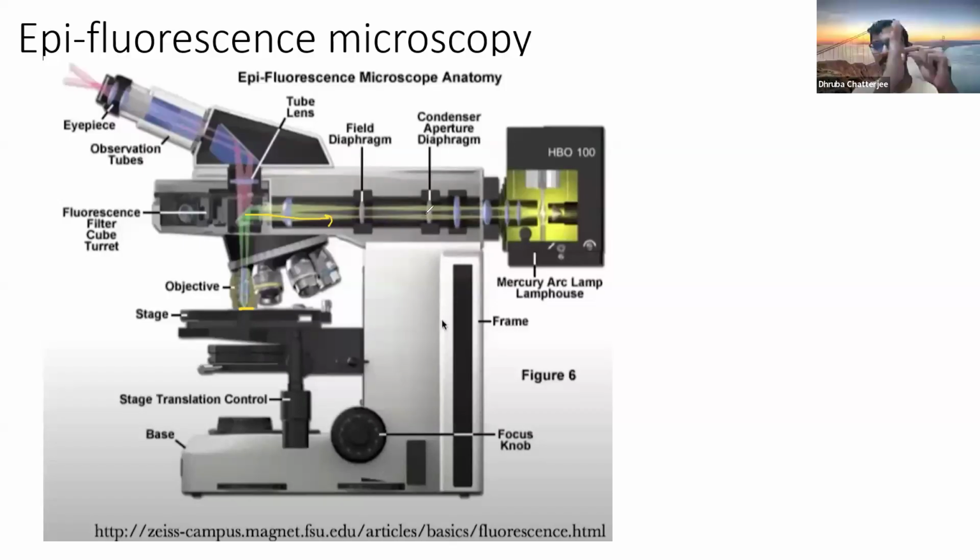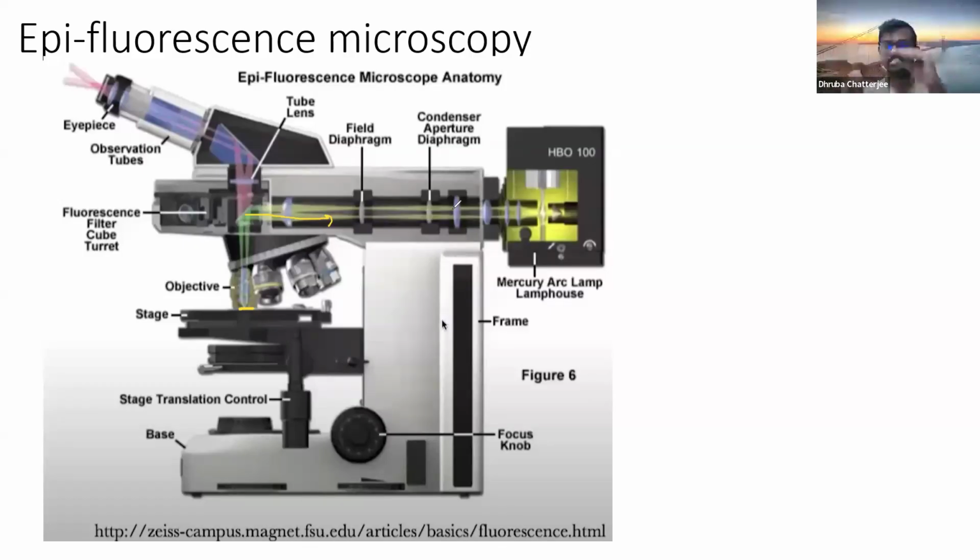That pinhole is placed before the detector, after the dichroic and all these lenses. What the pinhole allows is the light that is coming from just a certain z plane to focus eventually on the detector.